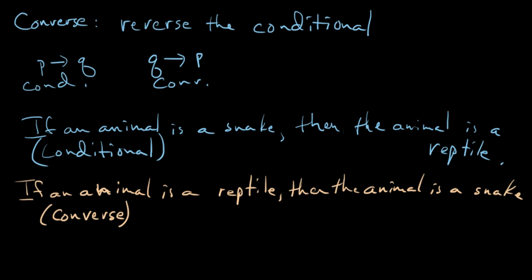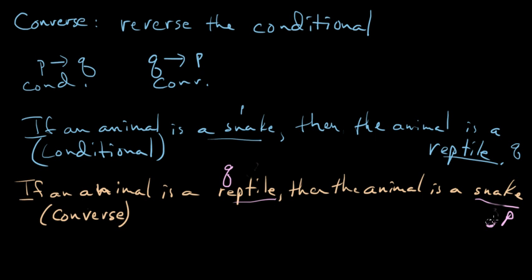When I did the conditional, if it's a snake, that's P, then it's a reptile, that's Q. Here, I did the opposite. I said if it's a reptile, that's Q, then it's a snake, that's P, because it's a converse. So Q implies P, that's the converse, and so if it's a reptile, then it's a snake.